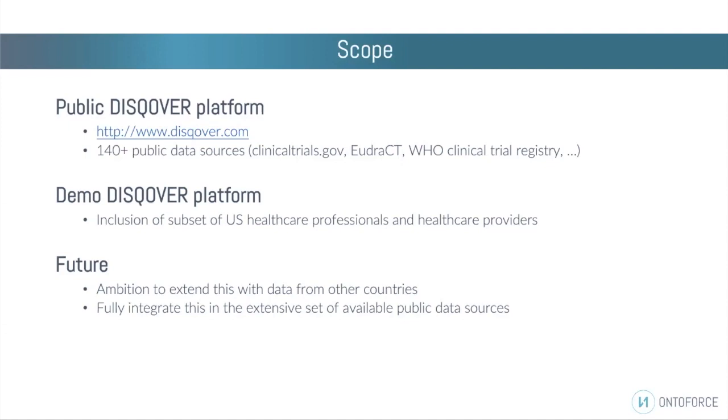But what I would like to show you is the addition of some specific data sets which are retrieved from the US government, which contain information about US healthcare professionals and US healthcare providers. So that's data which is residing on a demo DISQOVER platform, and I will show you how we integrated that together. This is a test environment.